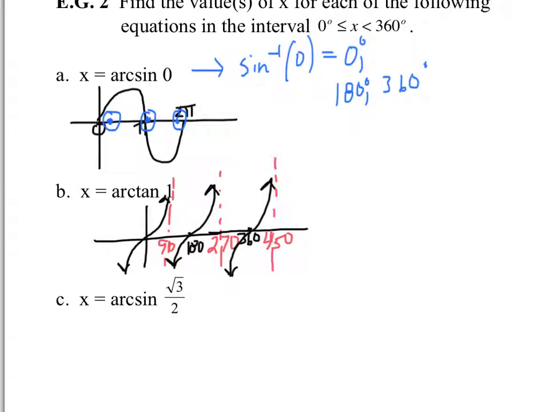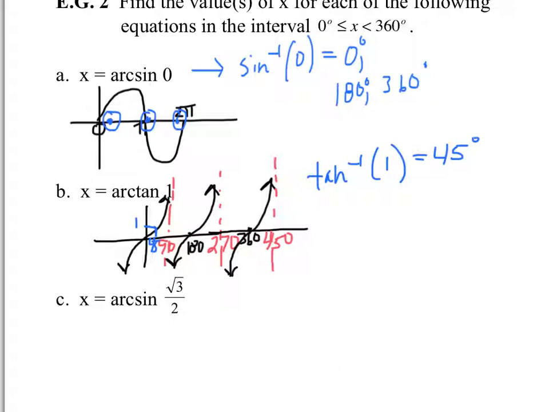The next example is x equals arctan of 1. So again, picking up the calculator and doing the inverse tangent of 1, that will get you an angle value of 45 degrees. So on our graph, 45 degrees here is somewhere to the left of 90 degrees.